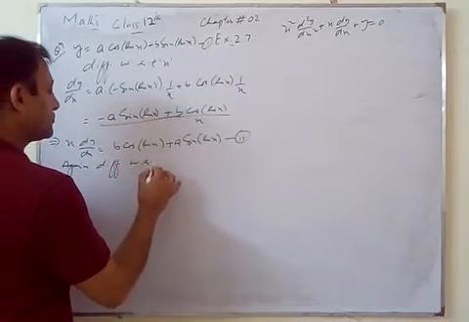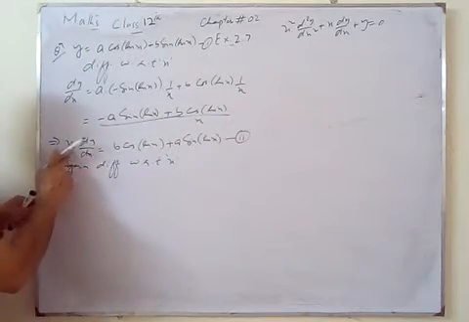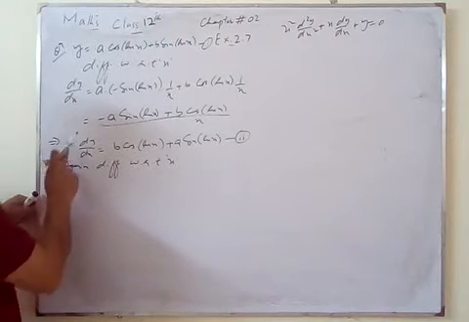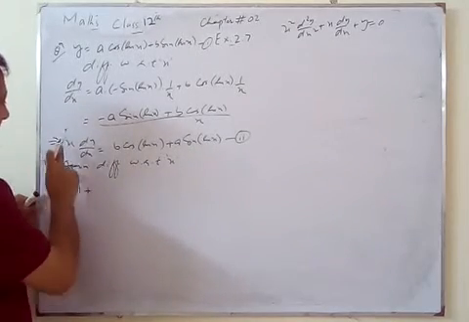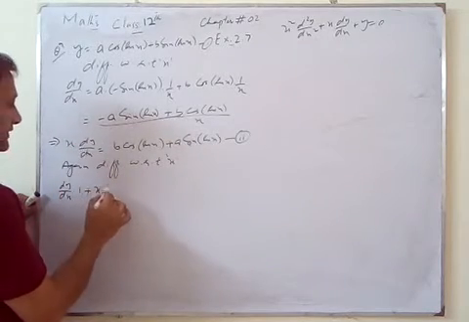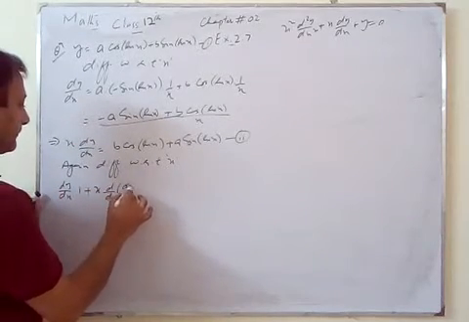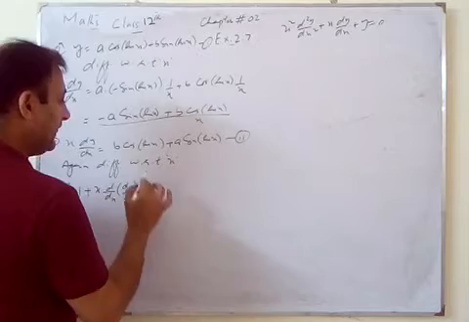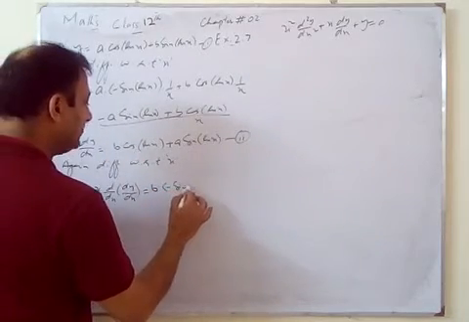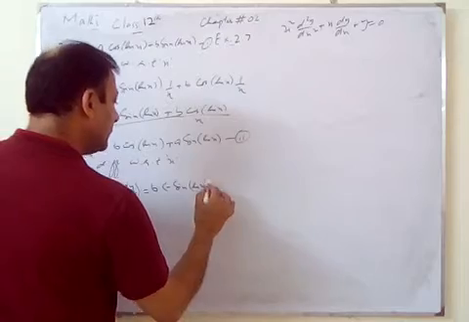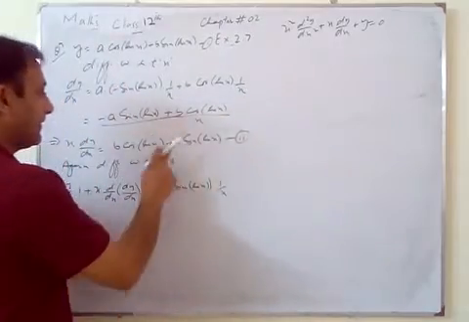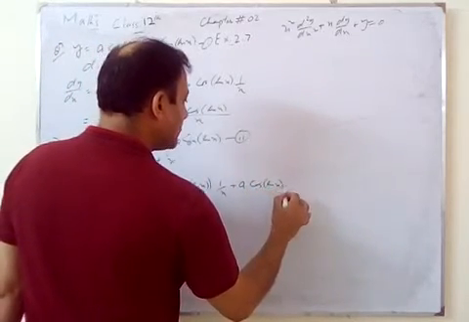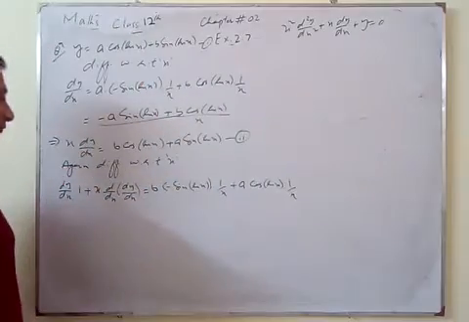So again differentiate with respect to x. Here there is a product now: dy by dx as it is, derivative of x is 1, plus x as it is, now this is the derivative of y with respect to x. Here b, derivative of cos is minus sin log of x into derivative of log of x, that is 1 by x, plus a, derivative of sin is cos log of x into 1 by x.